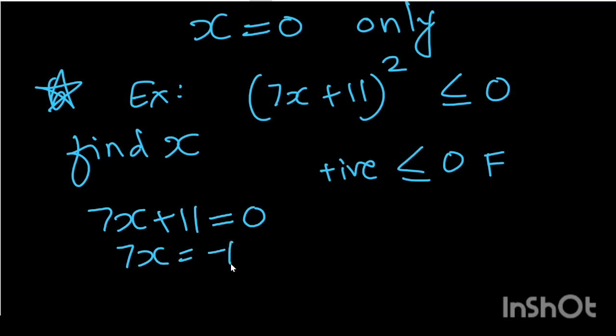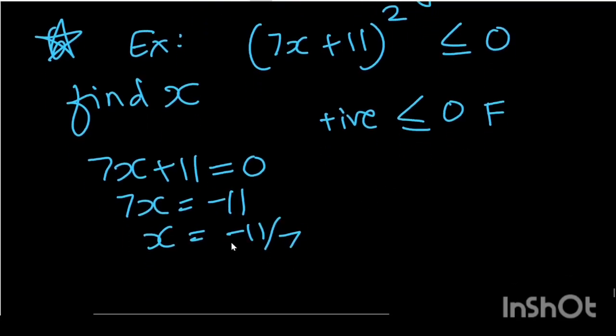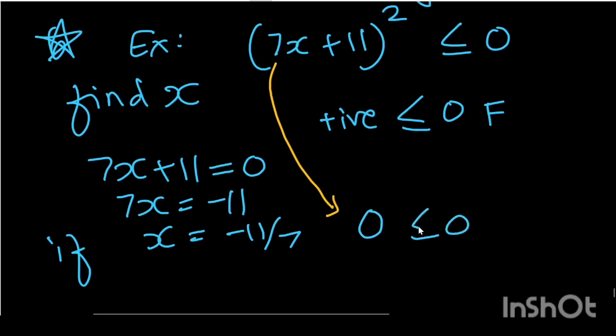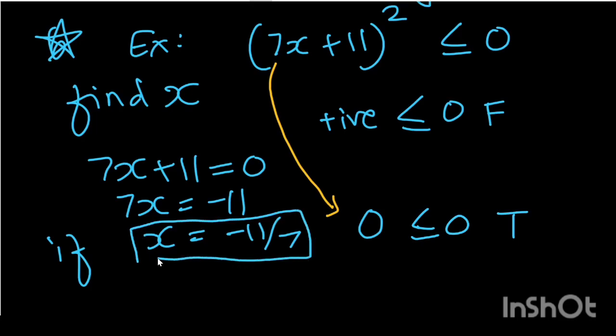It vanishes at x equals what? x equals minus 11 by 7, guys. So in that case, if you substitute, 7x plus 11 would be 0. This would be 0 less than or equal to 0, which is true. So we can say that x equals minus 11 by 7, or the value of x at which that linear expression vanishes, is the only solution, guys.